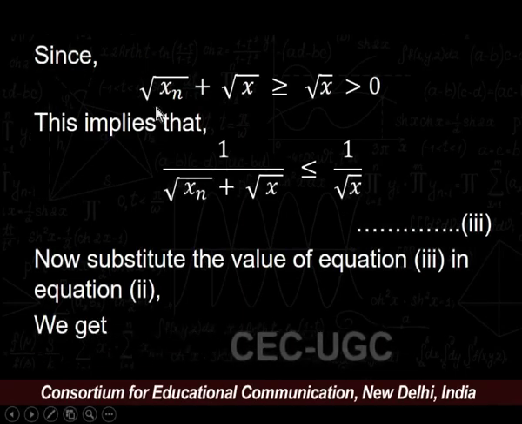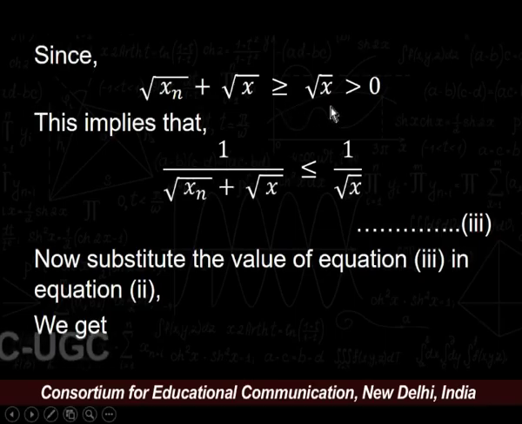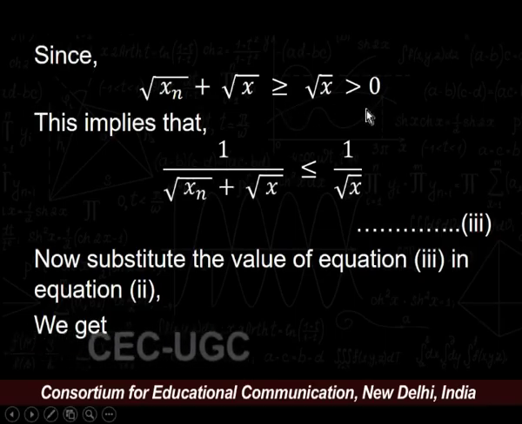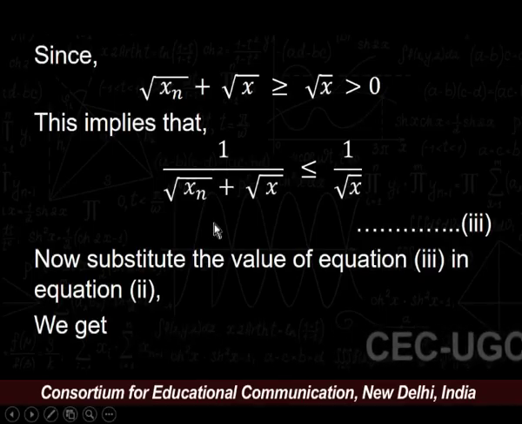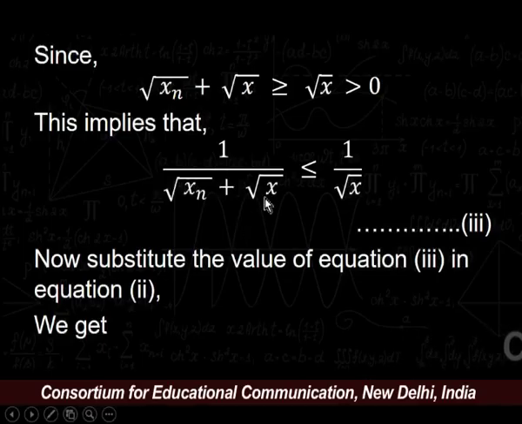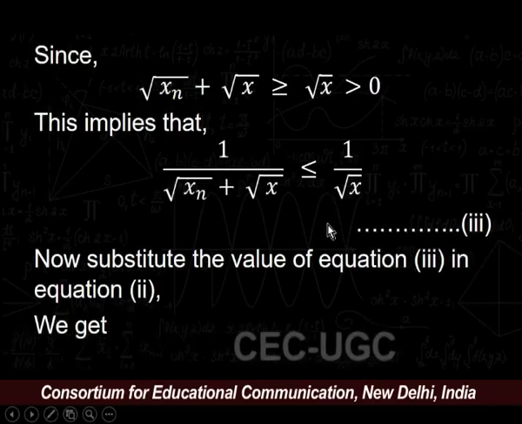Since square root of xn plus square root of x is greater than or equal to square root of x, and as we know square root of x is strictly greater than 0, this implies that 1 upon square root of xn plus root x is less than or equal to 1 upon square root of x. Say this is our equation number 3.